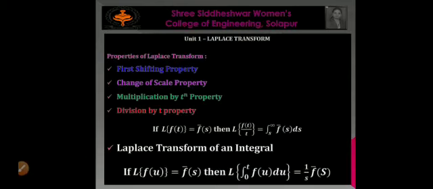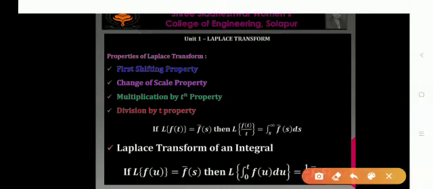If L of f of u equals f bar of s, then Laplace transform of integration from 0 to t of f of u with respect to u is 1 upon s f bar of s.